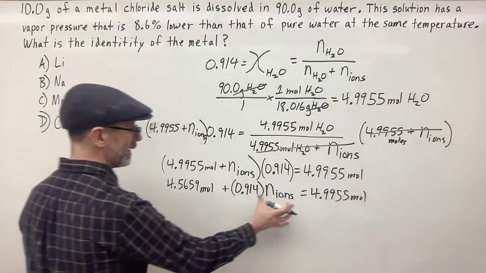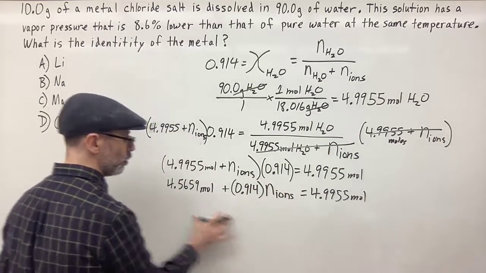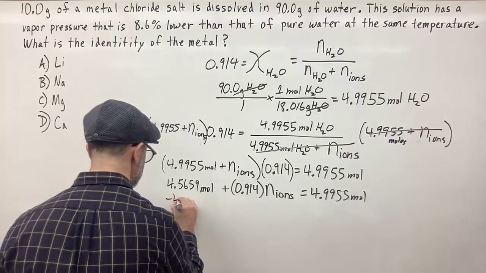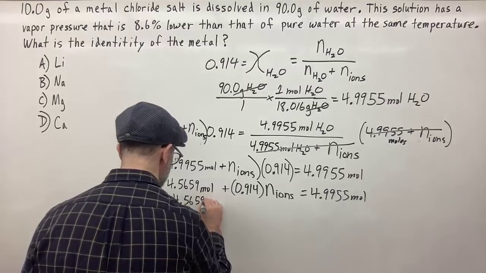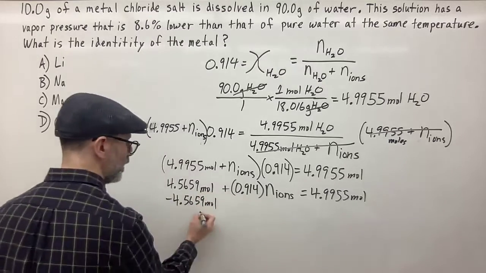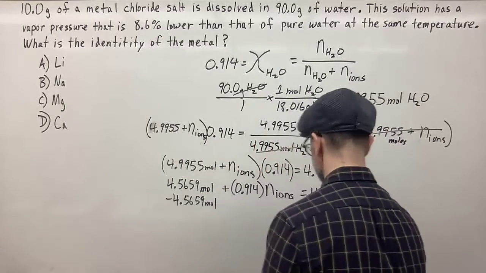So now I want to get N by itself, so I'm going to move this over here. So I'm going to subtract 4.5659 moles from here, and also subtract it on this side as well.